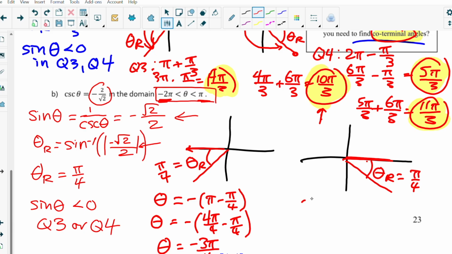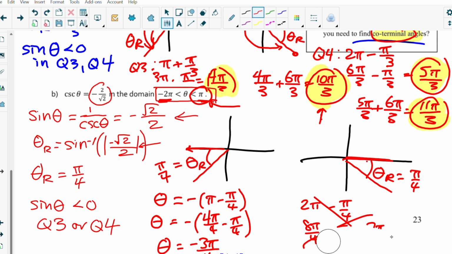Let me just show you this. Don't write this down. If I do positive angle, it's 2 pi minus pi over 4. Well, is that outside of domain? That's 8 pi over 4 minus pi over 4. That's 7 pi over 4. That is outside of my domain, folks. Remember, I have a maximum positive pi value, so I can't do this, right?